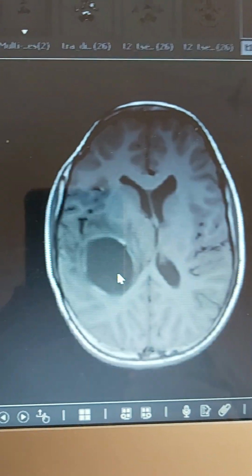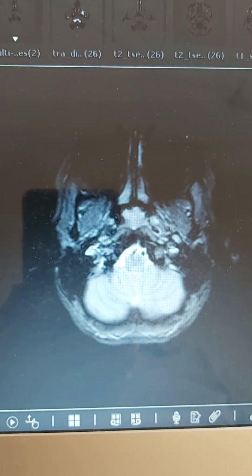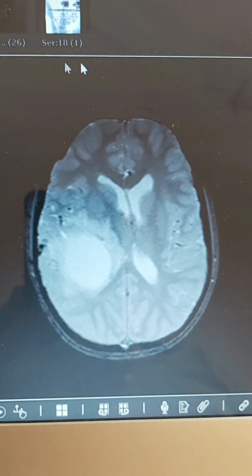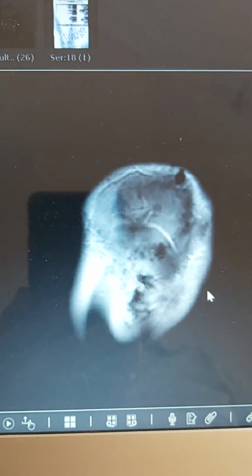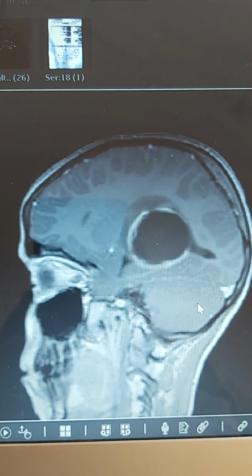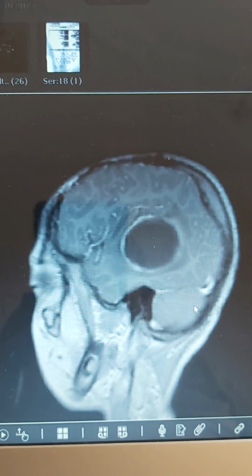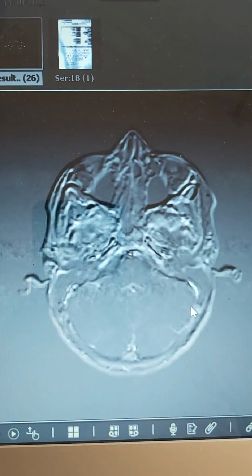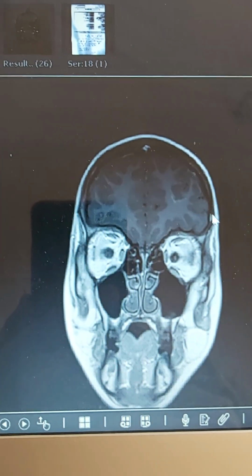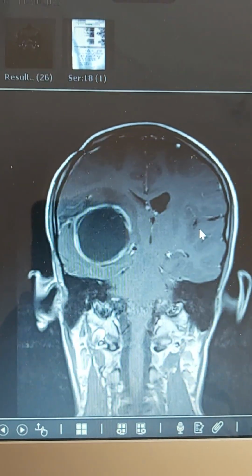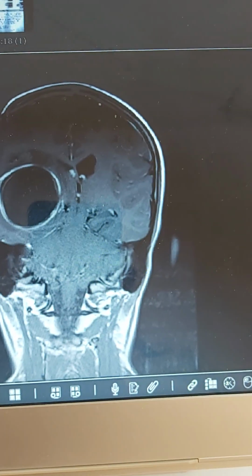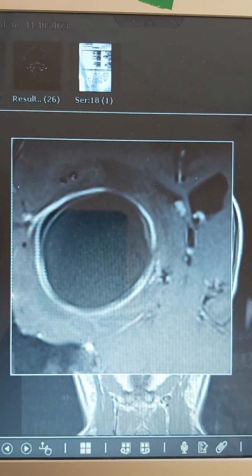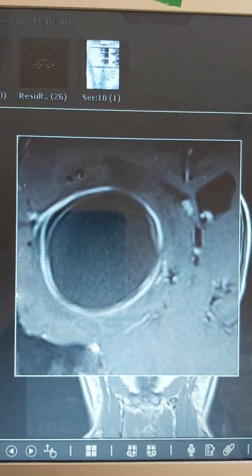That's the inner membrane. This is a well shown inner membrane.